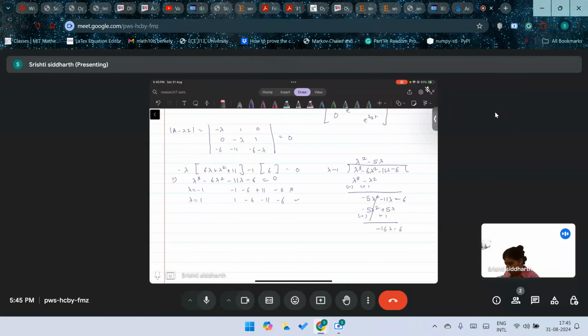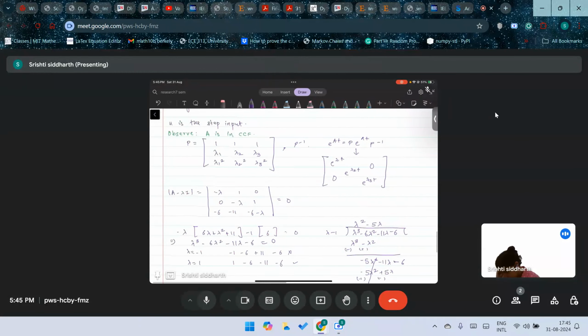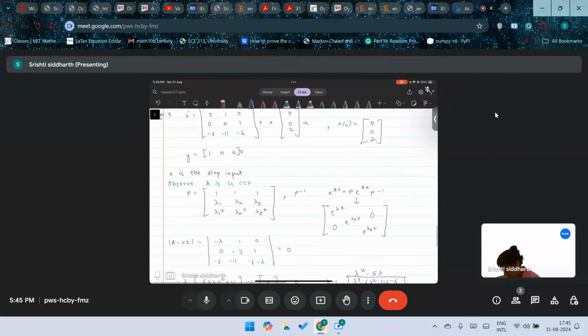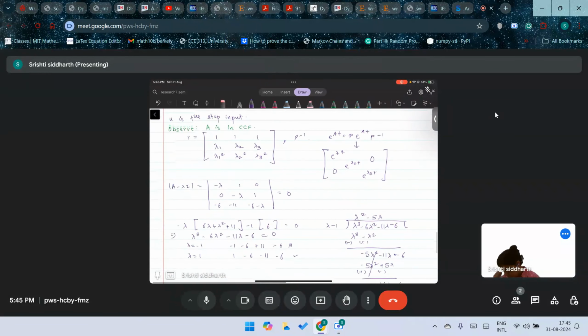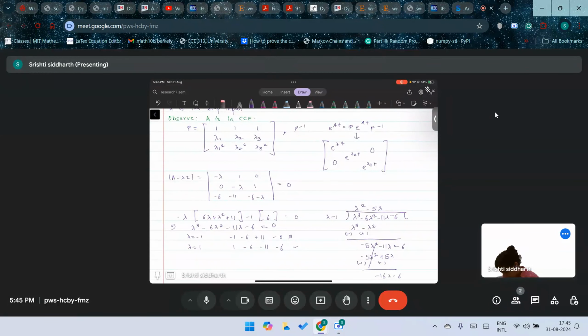So there is some error here. Let me just check once. Alright, then we have, okay, so this was minus lambda cube there.